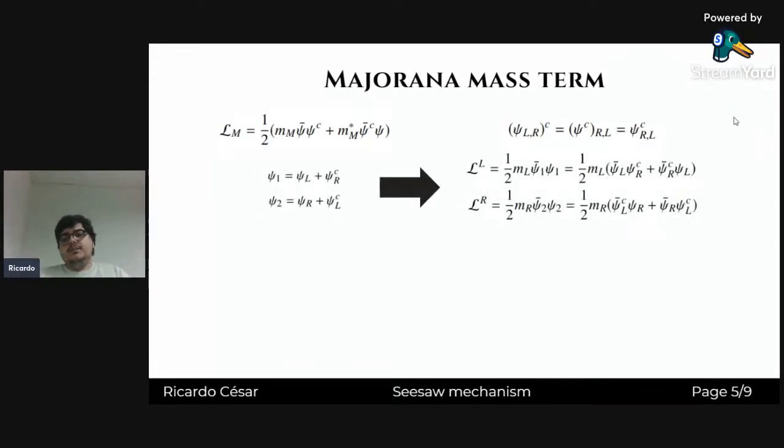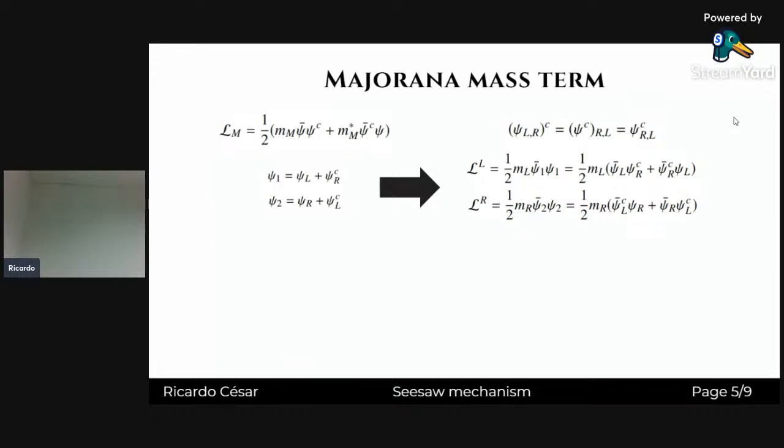Okay, so it means that again, when you're constructing a mass term, you use this notation for any fermionic field. You can separate the fermion into a left-handed plus a right-handed chirality.